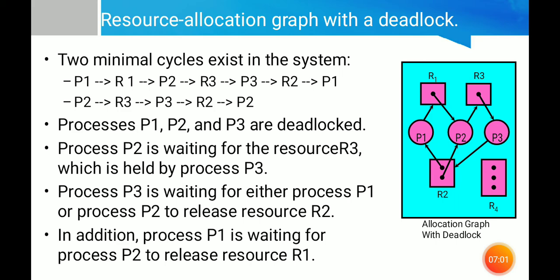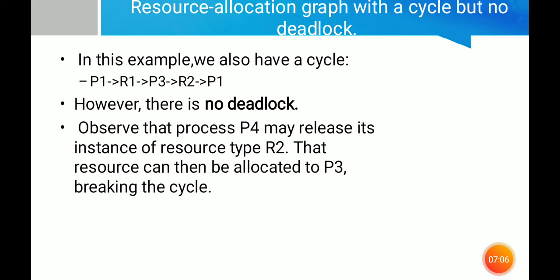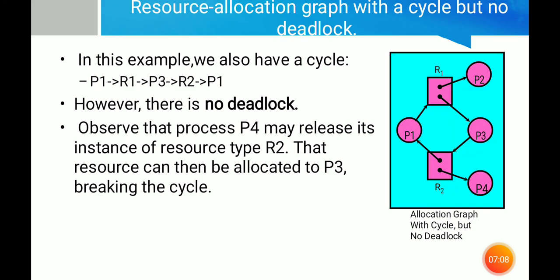In the next example, we will see whether deadlock is there or not, and whether a cycle is there. So here is the second example. Now here there is a cycle. It starts from P1 to R1, then P3, then R1, again P1. This is the cycle.